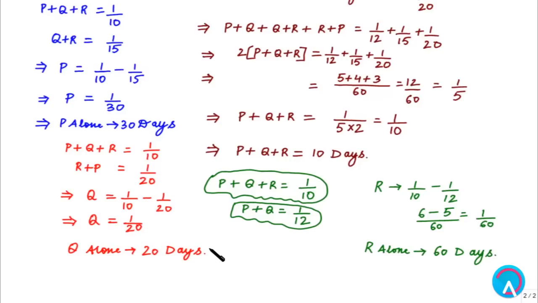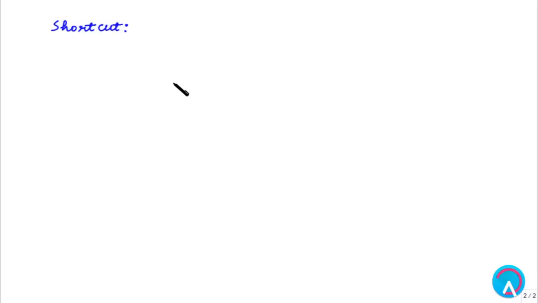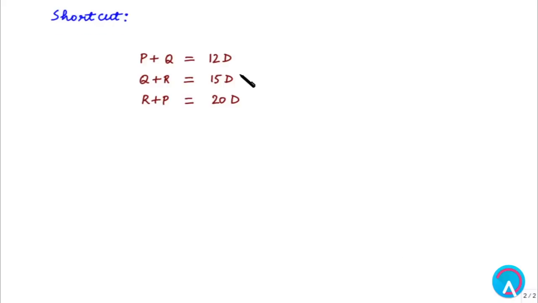Now this is one method of doing this question. We can have one more method of doing this question. Let's see how. And this is the shortcut method. So what we will do here is, this was given in the question that P and Q complete the work in 12 days, Q and R complete the work in 15 days, and R and P complete the work in 20 days.